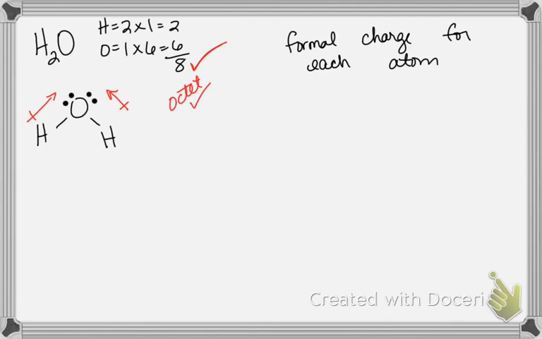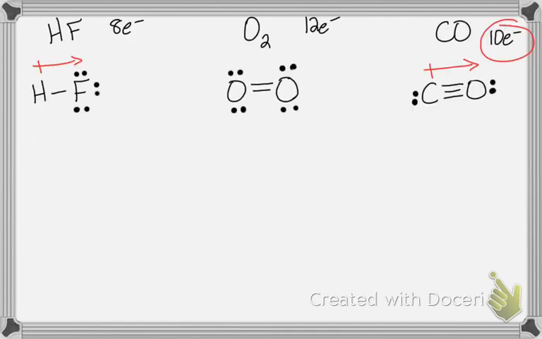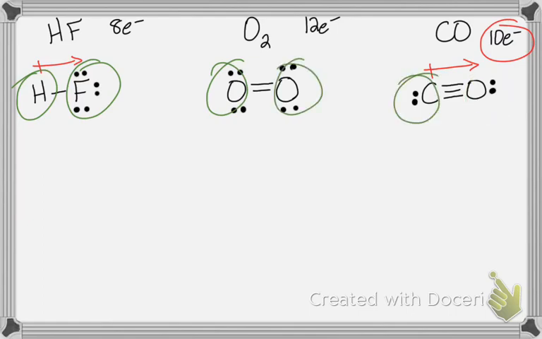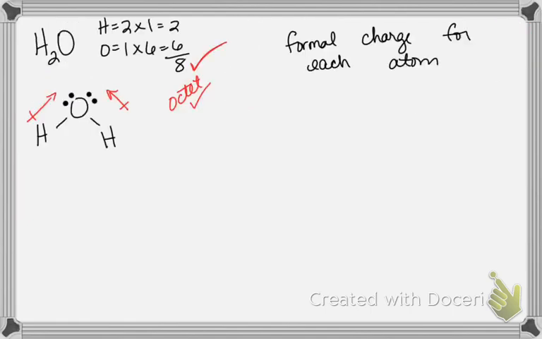So for water, we're going to calculate a formal charge for this hydrogen, a formal charge for this hydrogen, and a formal charge for the oxygen. For HF, we're going to calculate a formal charge for the hydrogen and the fluorine. For oxygen, it's for this O and this O. For carbon monoxide, it's for this C and this O. So you will do a formal charge for each atom.